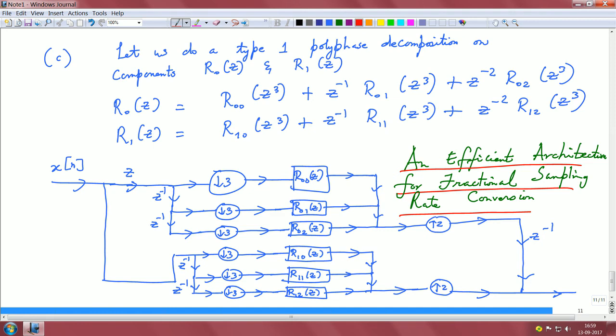So, this is a little bit of detail. I think a little bit of thought from your side can make you realize that this is indeed a very practical architecture. By just buffering you can realize everything to work as is. Okay, I think with this we are done with this lecture.